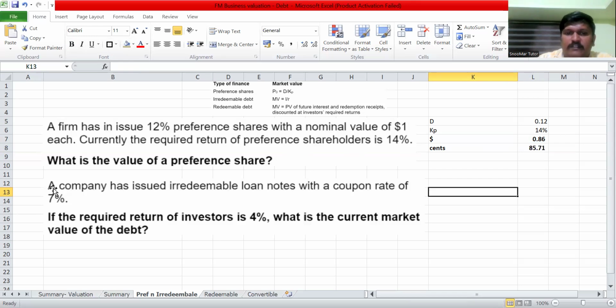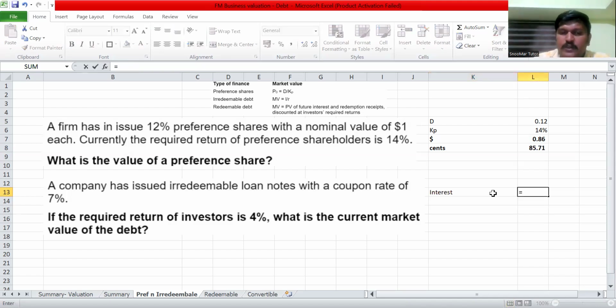I is 7%. As you already know, we can assume that a debt or loan note has a nominal value of 100 always. So 100 into 7% would be your interest, the cash flow that is coming up: 7.